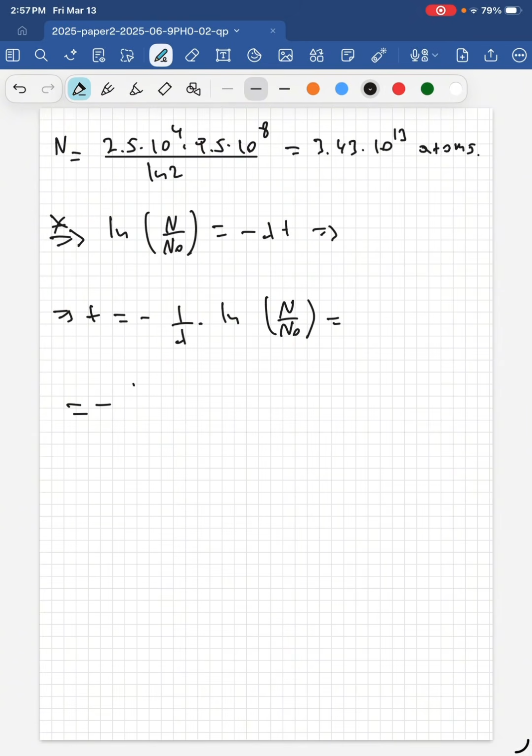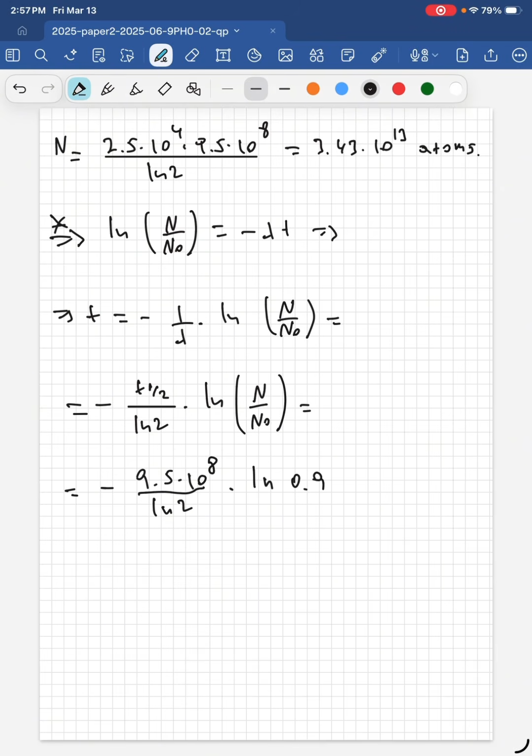Okay, so this is equal to minus t half over ln of 2, like we did earlier, times ln of N over N naught. So this is equal to minus 9.5 times 10 to the 8 over ln of 2 times ln of 0.9, which is 90%, because N over N naught is 90%.